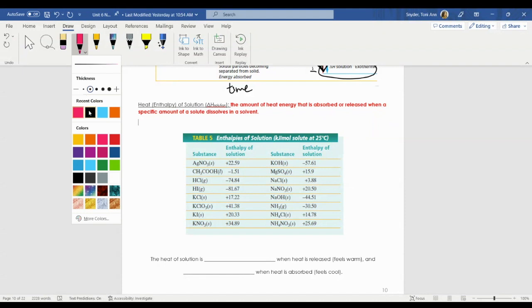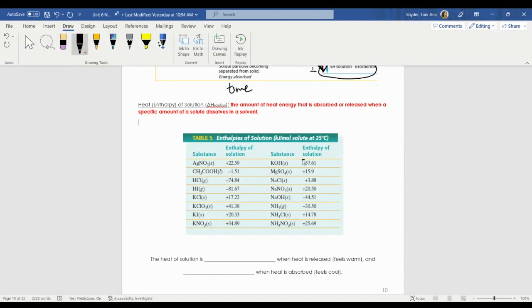Whenever I see a negative value, so for example, potassium hydroxide has a negative enthalpy of solution, this means that this is an exothermic process. This is releasing heat in the process. If I take a look at ammonium nitrate, on the other hand, this is a positive value for enthalpy. This would be an endothermic process.